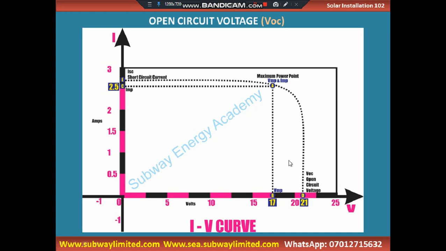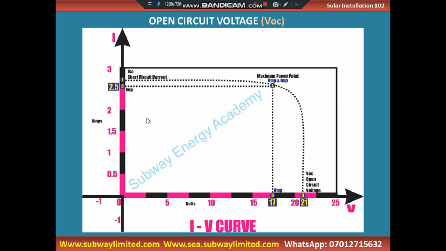You have to be able to differentiate between maximum power points and open circuit voltage of a solar panel. This is point D. If you look at this point, we are having voltage at maximum power to be 17, and we are having open circuit voltage to be 21 volts.